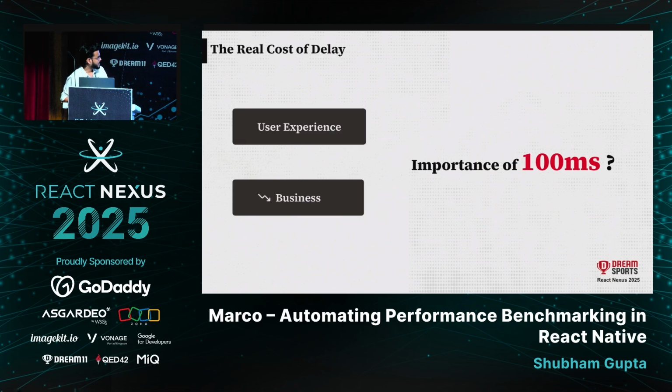But wait, what is the actual real cost of all these problems? It's huge. It's going to impact our user experience and thus our business. Now, to truly understand the importance of 100 ms in app development, let me share an insight from Dream11. Last year during IPL, we reached a massive scale of 15 million concurrency.